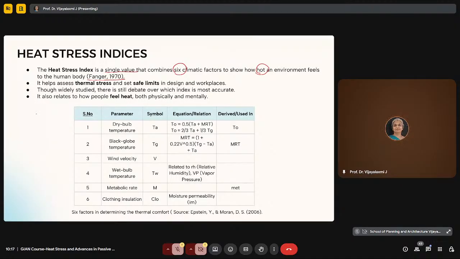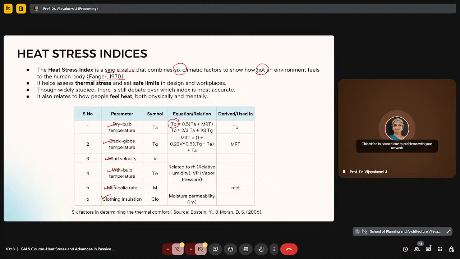So Fanger has his own definition or calculation of heat stress, which is a combination of dry bulb temperature, black globe temperature, wind velocity, wet bulb temperature, metabolic rate, and clothing insulation. To compute each of these, there are certain formulas that Fanger has given. Based on that, we can arrive at these values. These heat stress indices also set safe limits in design and workplaces.